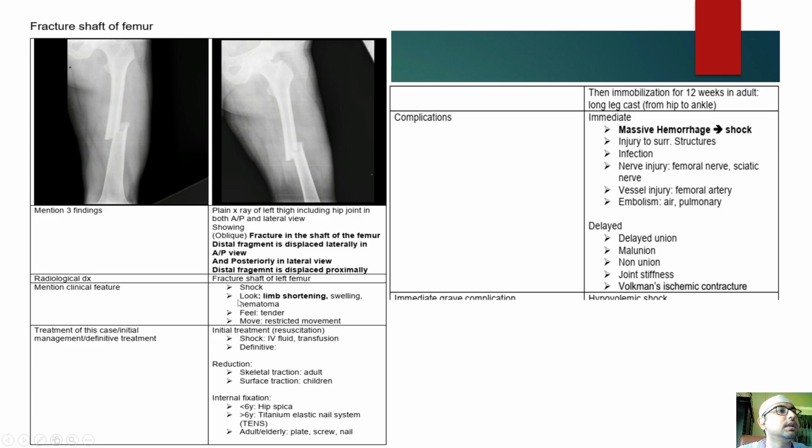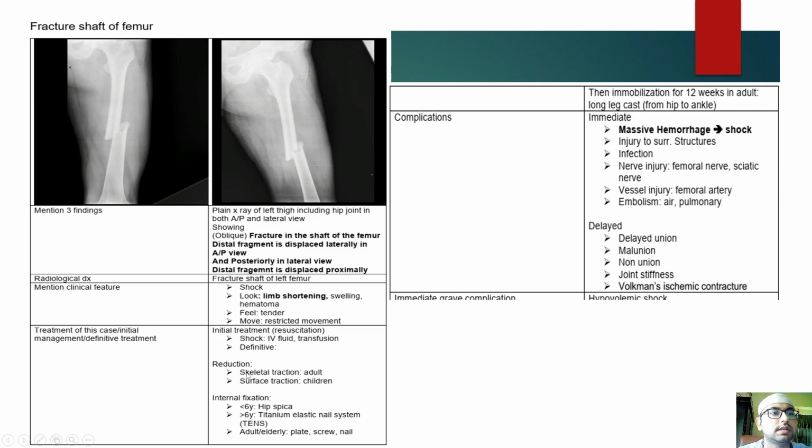And mention the clinical features: shock, then limb shortening, which is a very common finding. Swelling, hematoma, tenderness and restricted limb movement. And treatment of this case: initial management will be shock management, IV fluid transfusion, definitive skeletal traction for adult patients, and surface traction for children.